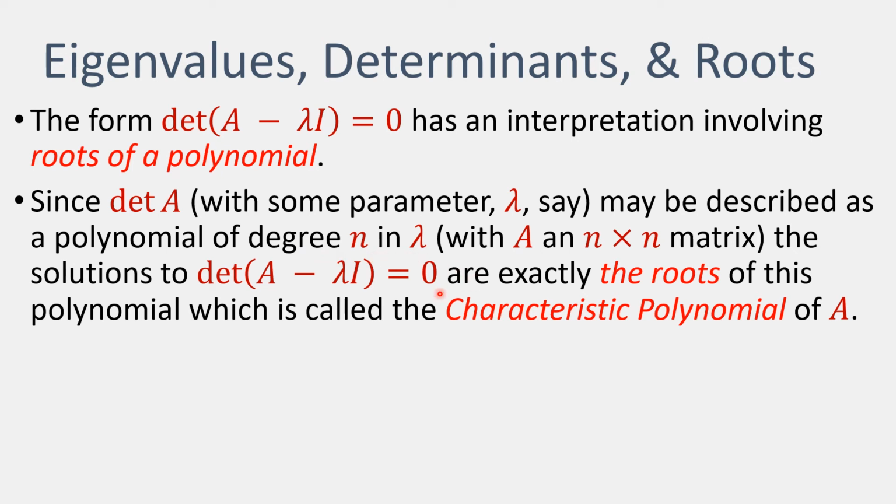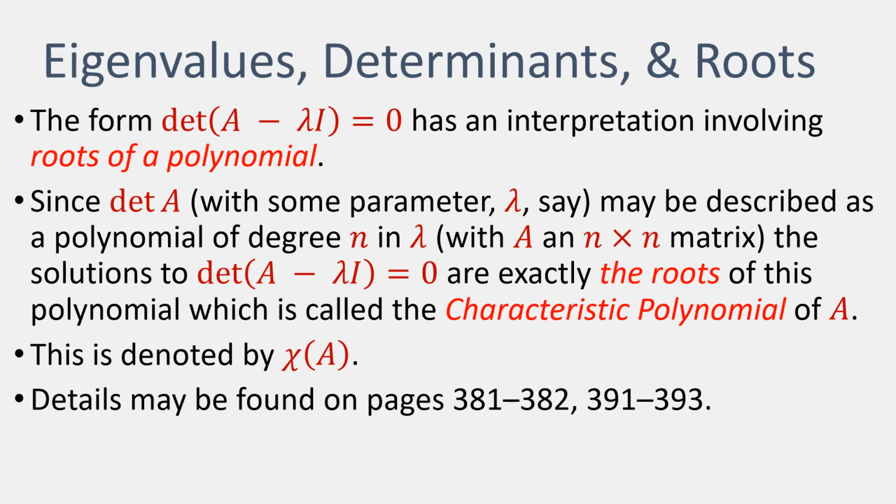And it follows that the solutions to this problem, finding values which make the determinant 0, are exactly the roots of this polynomial. This polynomial is called the characteristic polynomial of the matrix, and there's a particular notation used to describe it, this Greek letter chi applied to the matrix itself. All of the details of those constructions, once again, are given in the textbook.